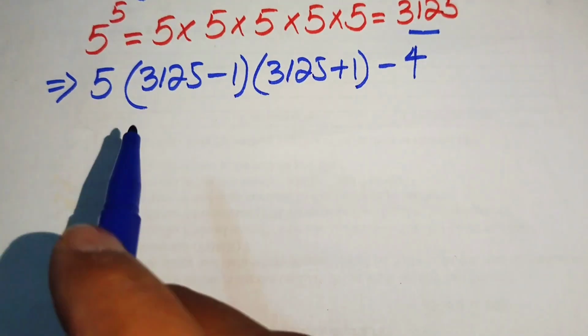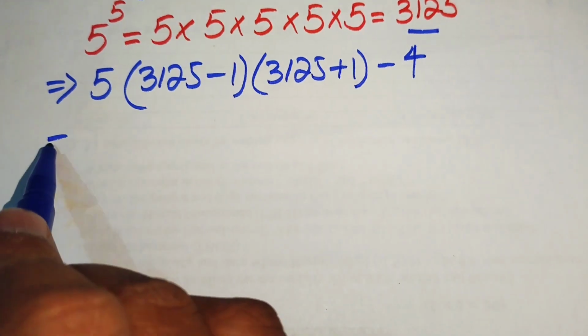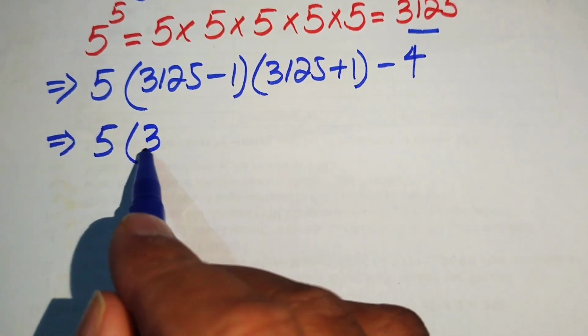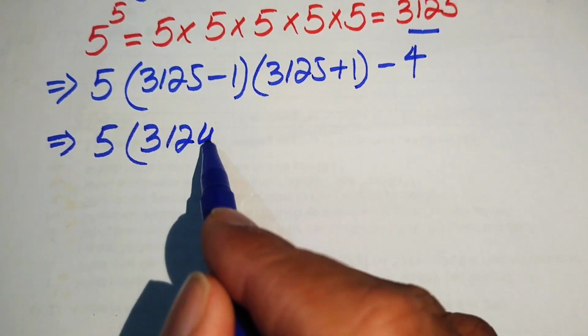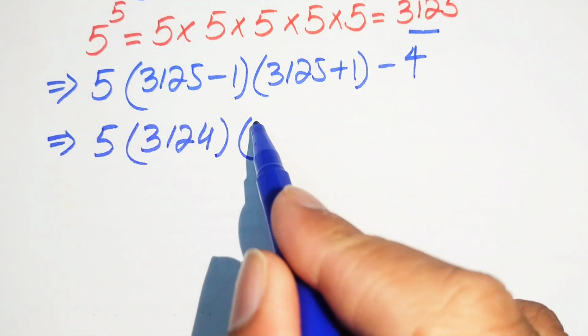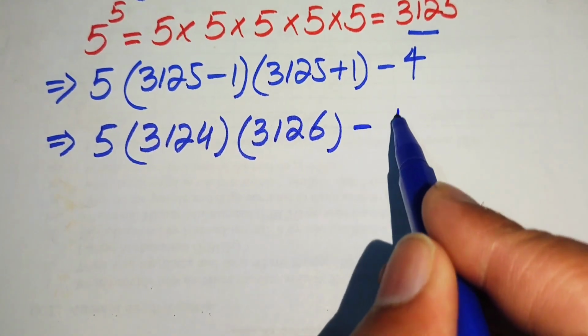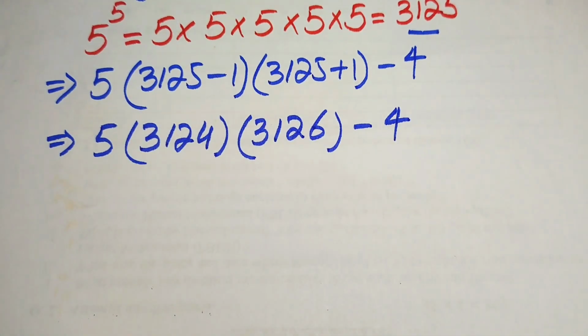Now we just need to subtract and add the 1 on both of these terms, and it is written as 5 into 3124 and 3126, and this is our minus 4.